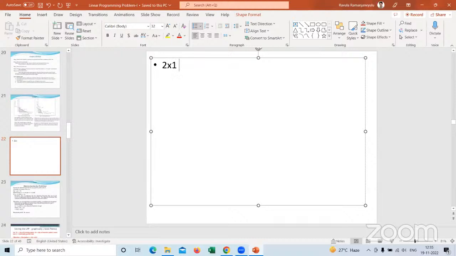2x1 plus 3x2 equals 120 is the first equation. Then the second is 2x1 plus x2 equals 60, right?